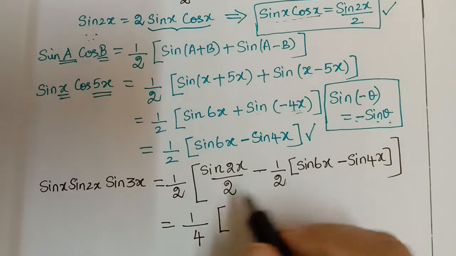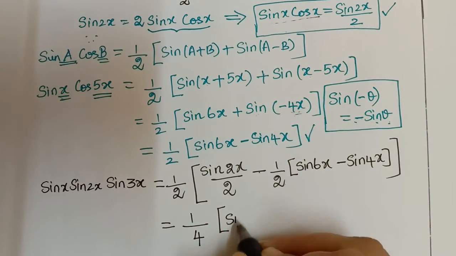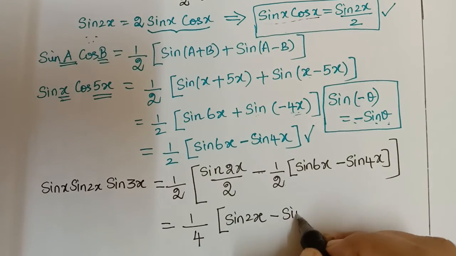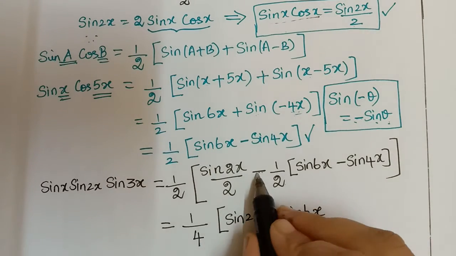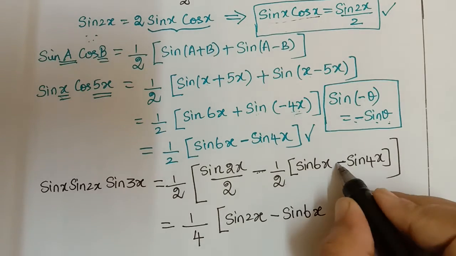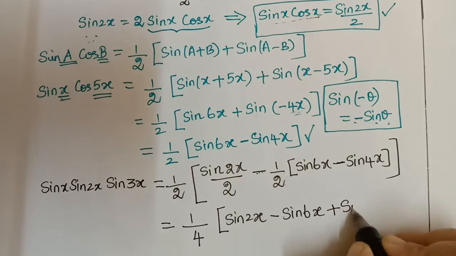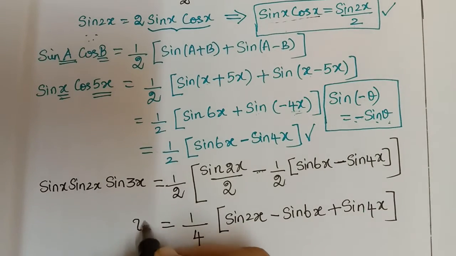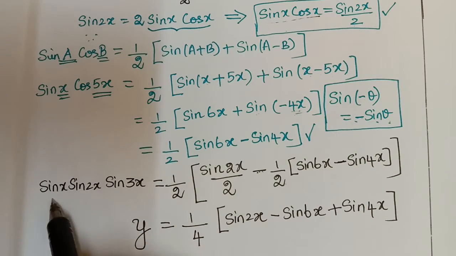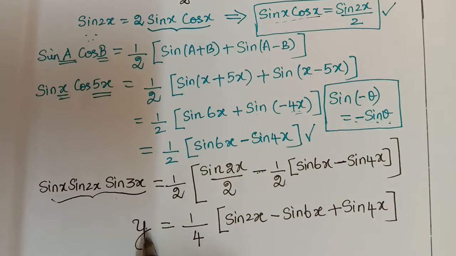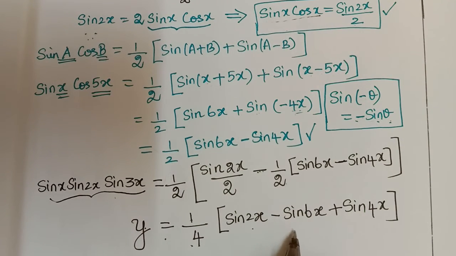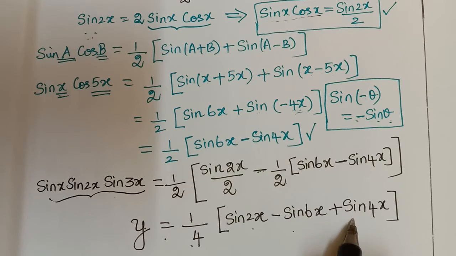And inside the bracket we will have sine 2x minus sine 6x, and this minus into minus will become plus sine 4x. So this is our y. So y is equal to 1 by 4 of sine 2x minus sine 6x plus sine 4x.